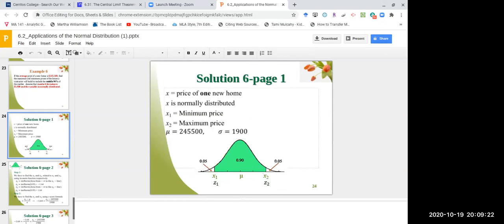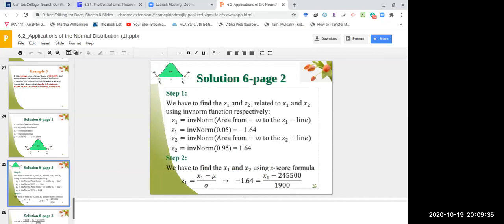And so from there, what we have to do is get two z-scores, one smaller one, z1, and one larger one, z2. And we do that in the way that you might expect. But here, I don't know the z-score. So remember, when you don't know the z-score, and we don't know the x, the z is going to be the inverse norm of the area from negative infinity to the z1 line.